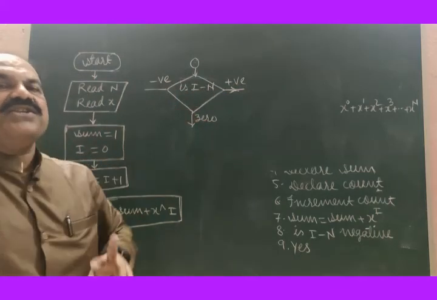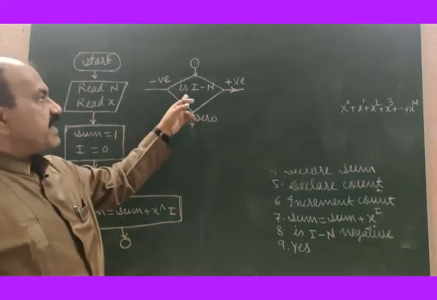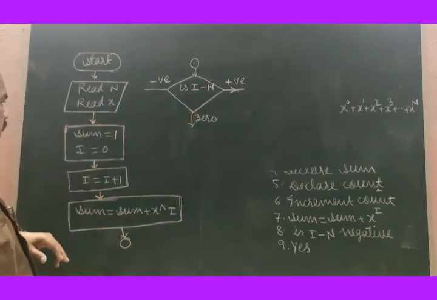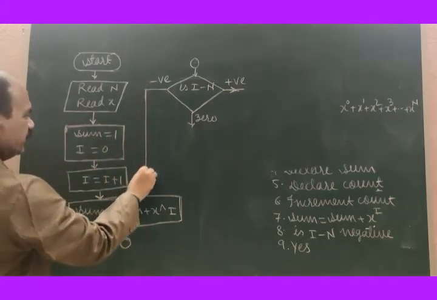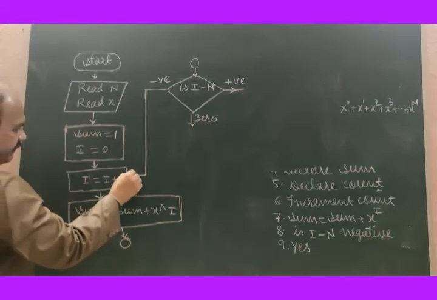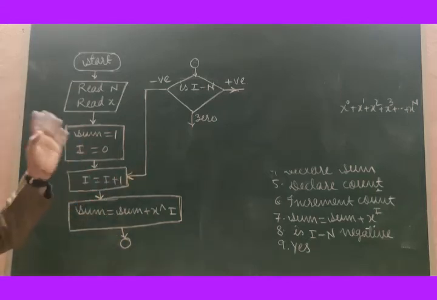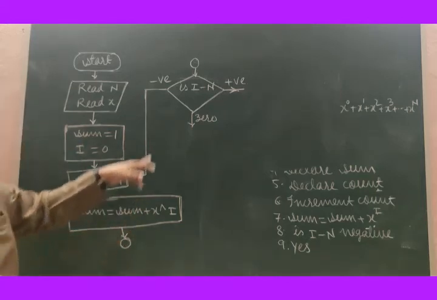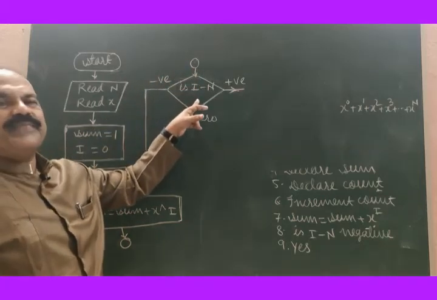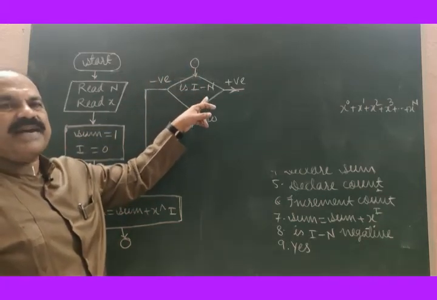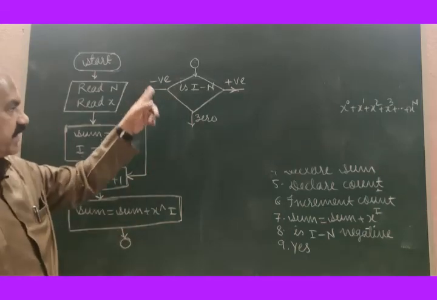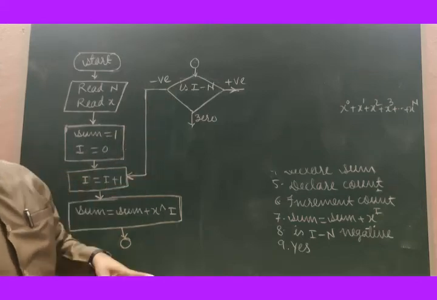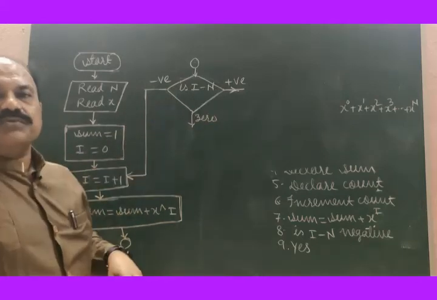If I minus n is negative, it means I is smaller than n. And where I have to go? I have to go back here. Increment I, take the sum, again come here, check whether I minus n is negative. So this will be continued till I minus n either becomes 0 or positive.